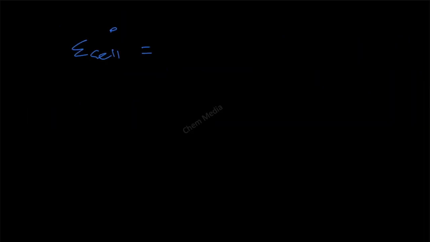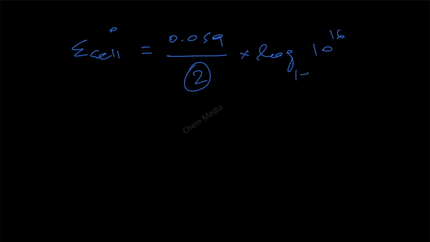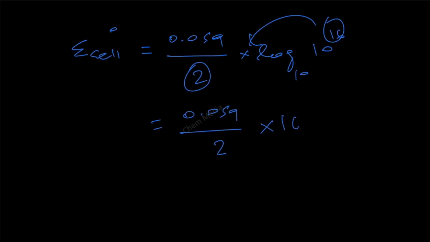Therefore, E cell standard is equal to 0.059 divided by 2, because 2 moles of electrons, times log 10 to the power 16. So therefore, 16 we can bring it here. This means 0.059 divided by 2 times 16, because log 10 base 10 is 1.